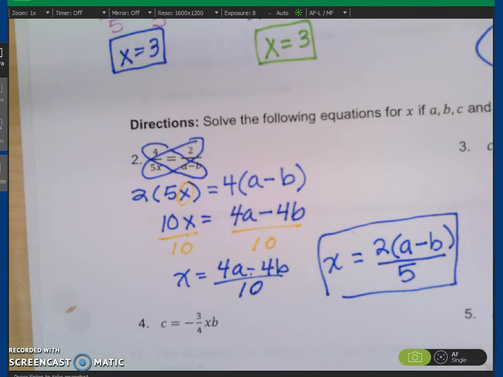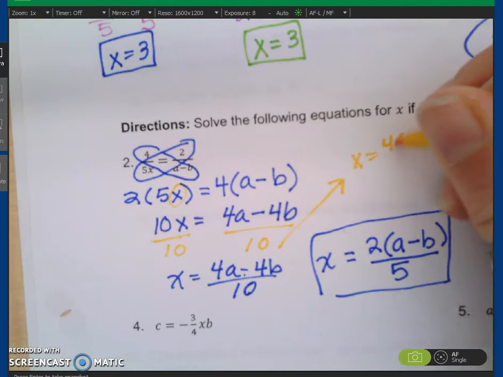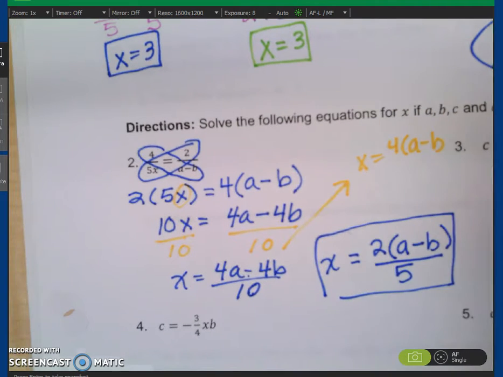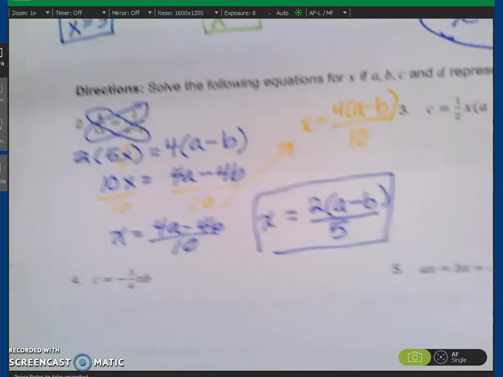So this middle step was saying that x is equal to 4 times the quantity of a minus b all divided by 10. And then you said 2 goes into 4 and into 10. Awesome.